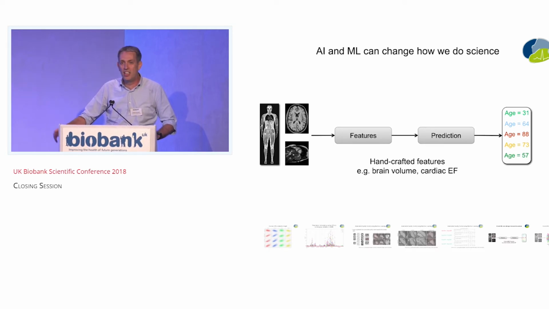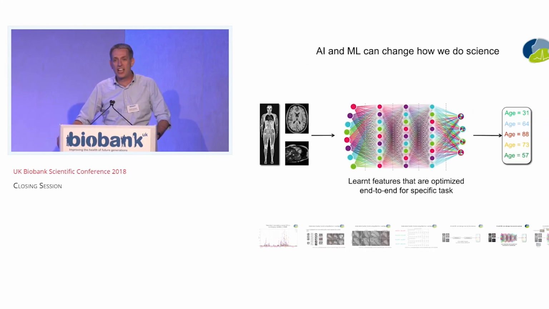But really, the introduction of deep learning techniques allows us to bypass these two separate processes, because we're not really sure that we're extracting the right features for what we actually want to study in terms of a predictive model.